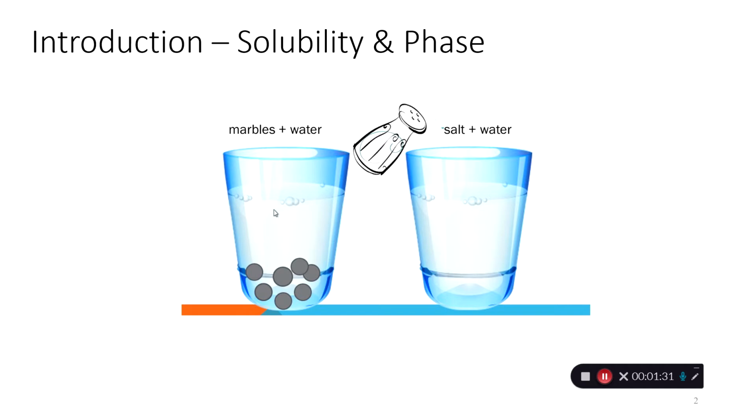It will not dissolve in the water, whereas salt will dissolve. But the question to ask is, is it going to dissolve infinitely? Can you put an unlimited amount of salt in this water and it will still dissolve? Of course, the answer is no.